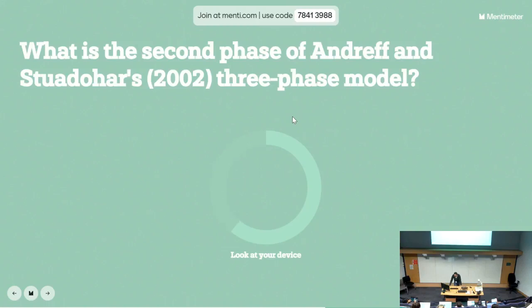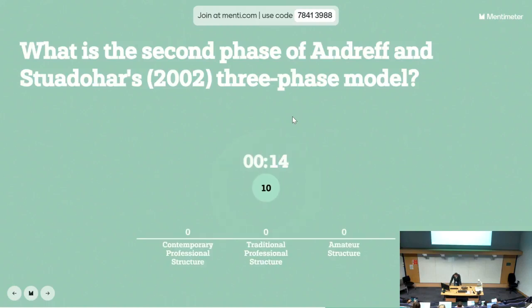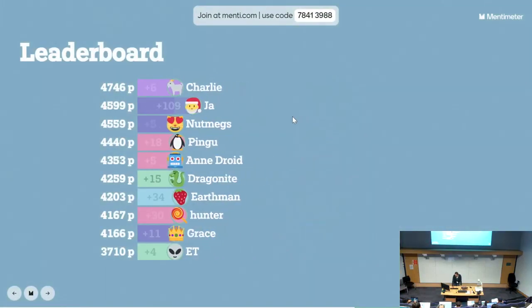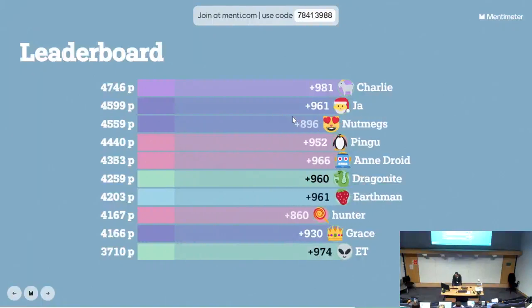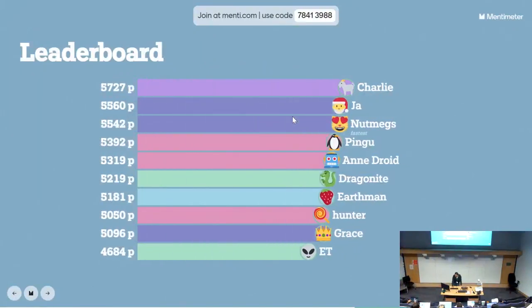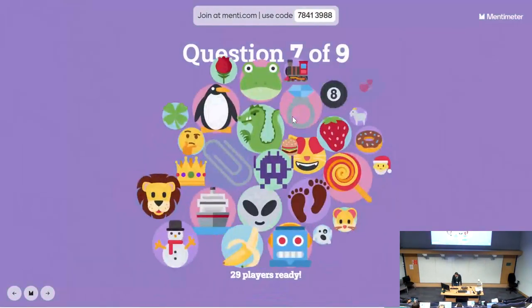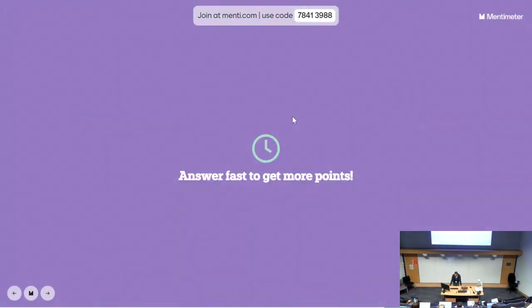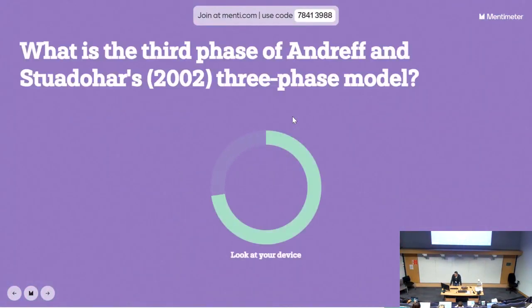What is the second phase of the 3-phase model? Yep. Okay, last 3 questions. What is the third phase of the 3-phase model?